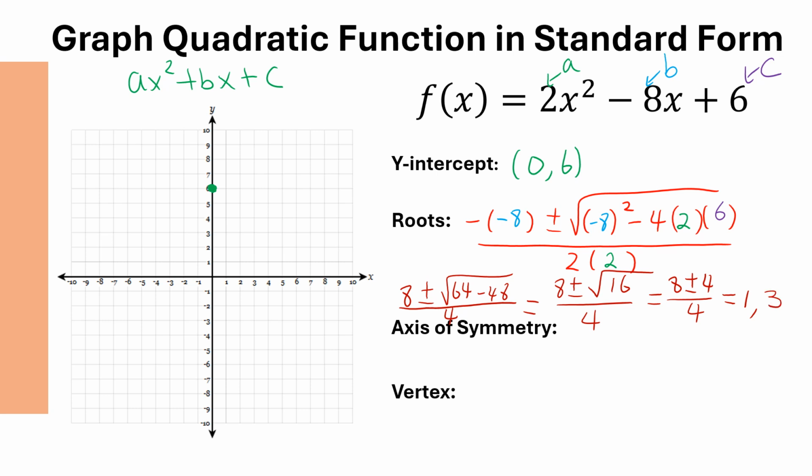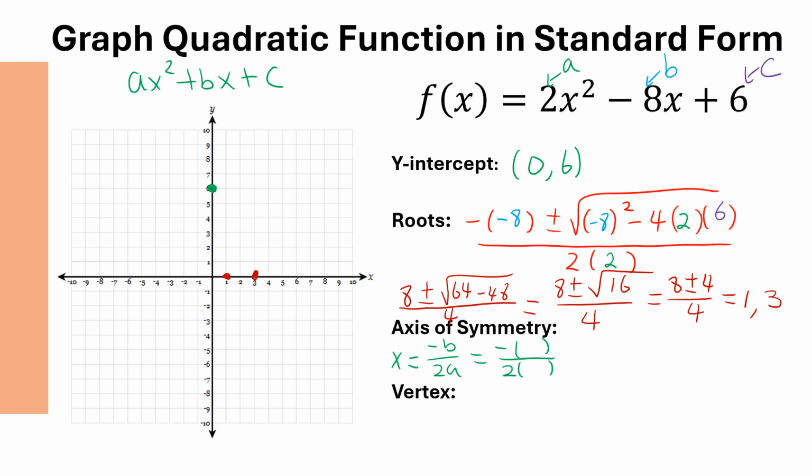And when you graph the roots, you're going to plot the root numbers on the x-axis. So here we have 1 and 3. And to find the axis of symmetry, the formula is negative b over 2a. So we have negative, again, place holder for b, over 2 times a.